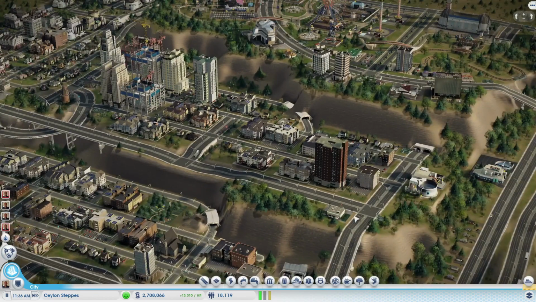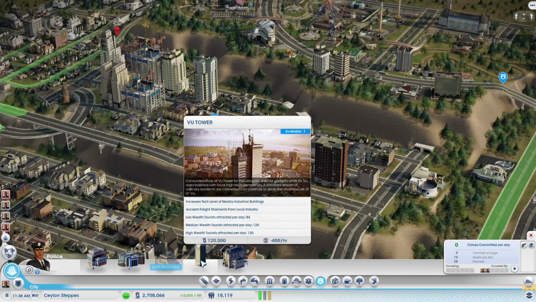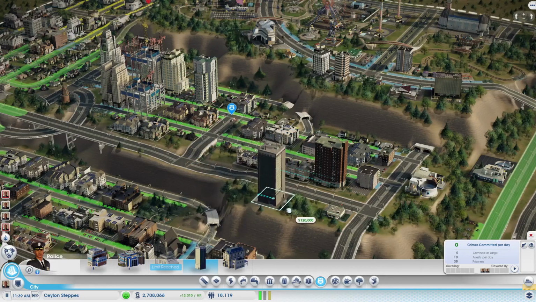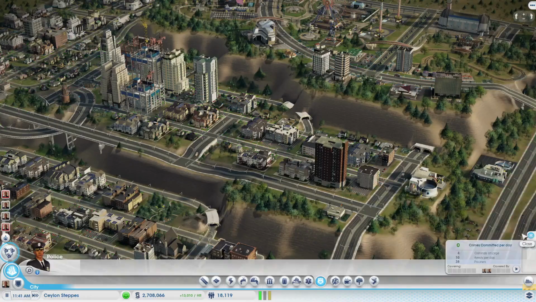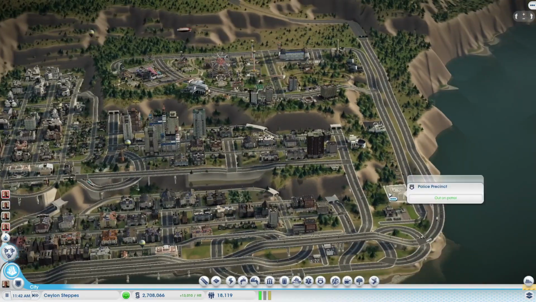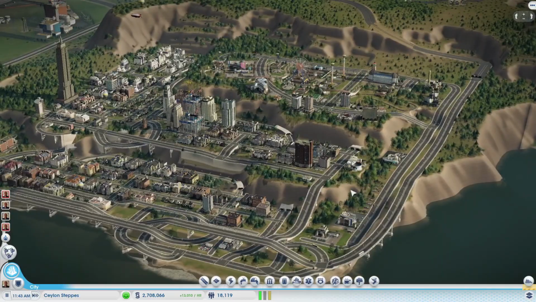And I haven't forgotten about VU Tower. I know I'm thinking about it. I don't know if it's going to happen in this city or another city, but we'll deal with Dr. Vu.